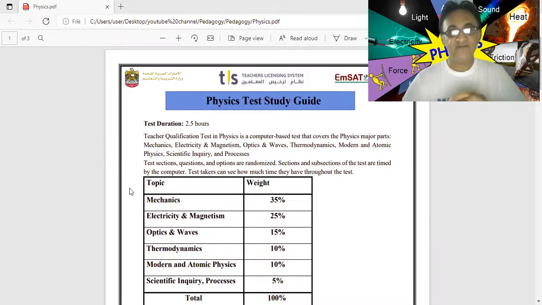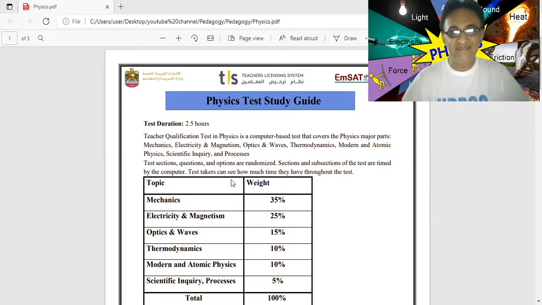The physics test consists of major parts, which you can call branches, topics or chapters. The first is mechanics, then electricity and magnetism, the third is optics and waves, then thermodynamics, modern and atomic physics, and scientific inquiry and process.